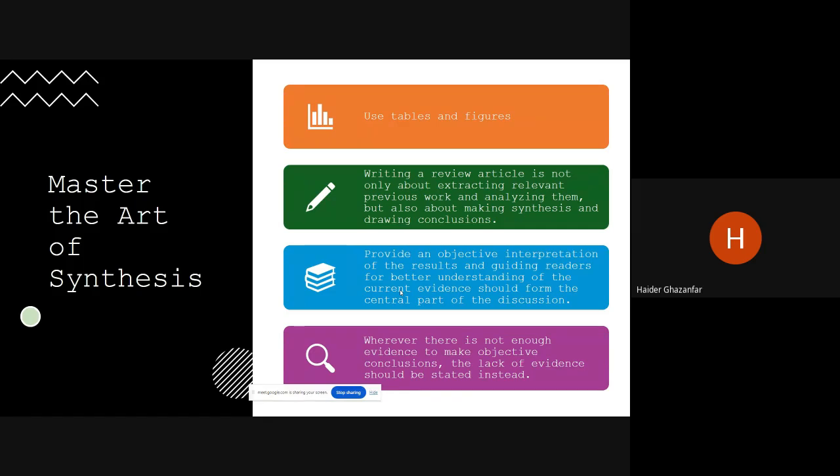So master the art of synthesis, use tables and figures, that's the key thing. Because at the end of the day, when you guys are rounding and the attending asks you a question, like, what do you think is the role of this medication in this patient population or this patient disease? Even if you quickly search on PubMed, you're more likely to look at tables and figures than to read the entire article.